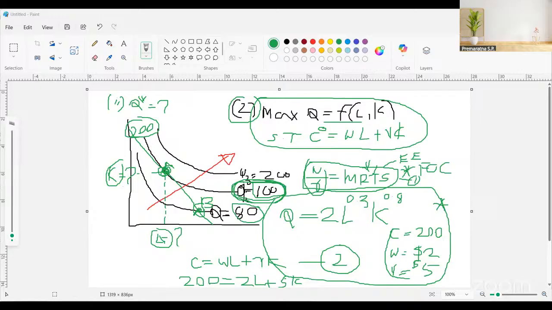So this is the original situation. This is the original point A. You can find the amount of output. And this is the 200 budget. If the budget dropped to 150, you have to draw the curves also when you do the calculation.